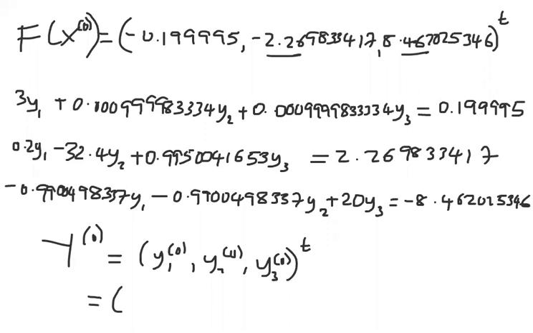I think let me write them down here. So you're going to get 0.3998696,728. Then the next value will be negative 0.08533155147.